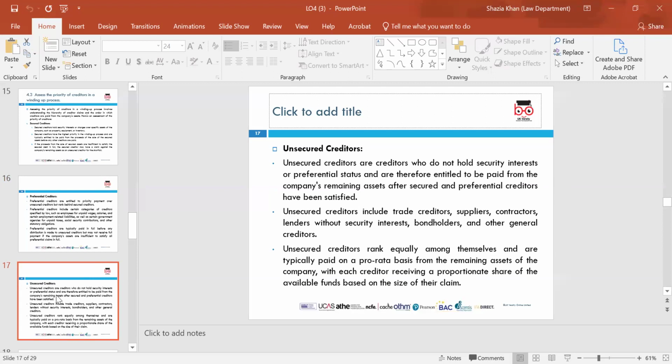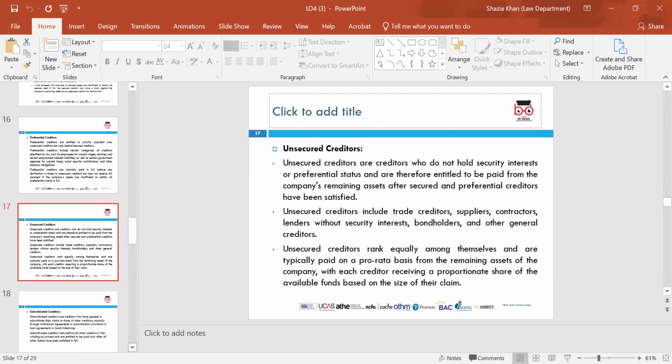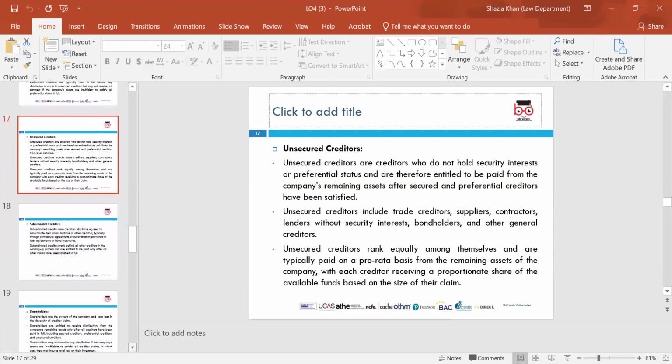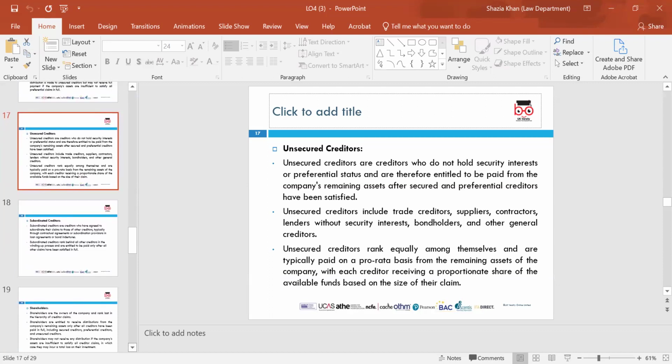Unsecured creditors include trade creditors, suppliers, contractors, lenders without security interest, bondholders, and other general creditors. Unsecured creditors rank equally among themselves, and they are typically paid on a pro rata basis from the remaining assets of the company, with each creditor receiving a proportionate share of the available funds based on the size of the claim.